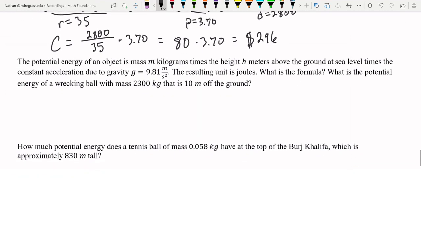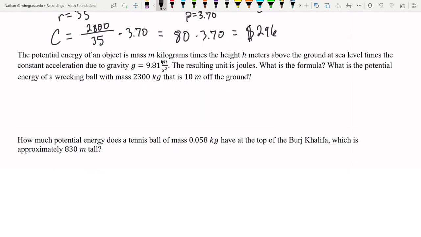Okay, the potential energy of an object is its mass in kilograms times the height, the meters above the ground at sea level, and then times the acceleration due to gravity, which is 9.81 meters per second squared. The resulting unit is joules. That's the unit for energy. And what is the formula?